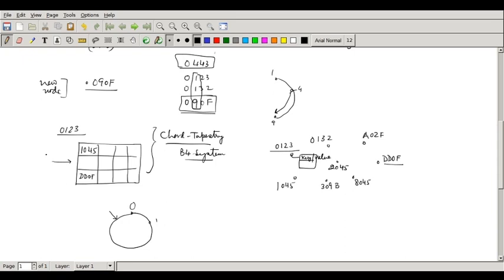In 0, I can add half the value of 16, which is 8, so I have to get something with 8xxx. We do have an entry here with 8045, so that will come here. Now what will be the next entry? Let's look at this table when 090F is not there. So this is before node addition.